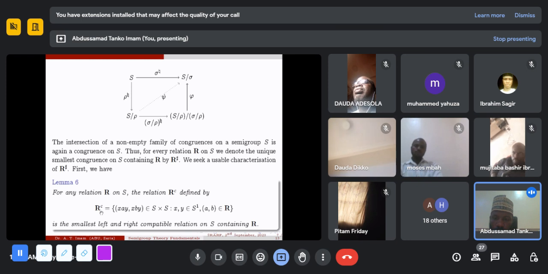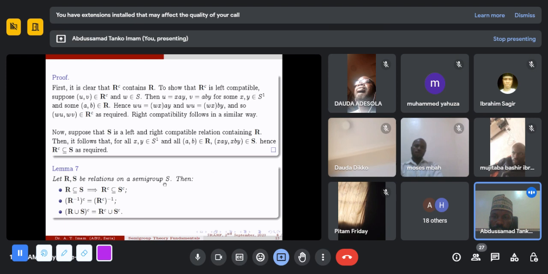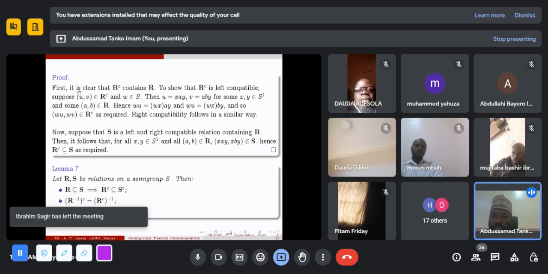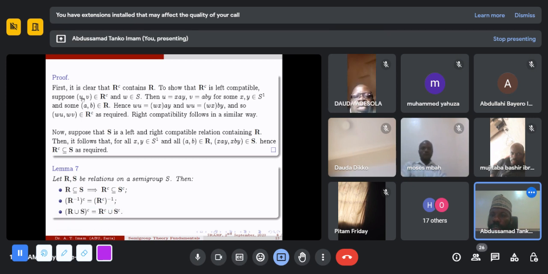So it is the smallest such relation containing R. But then to show that it is a left compatible relation, one will take (u, v) from R^c and take any w in S, and see that if you multiply u by w from the left and v by w also from the left, the two remain related under R^c.